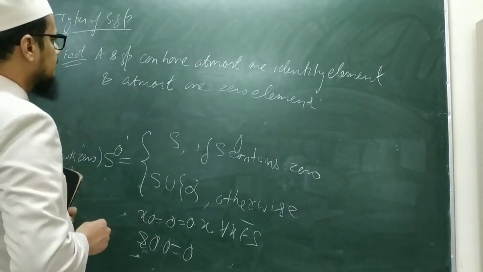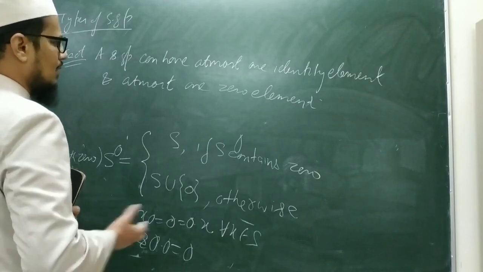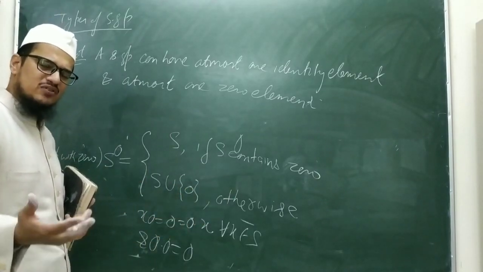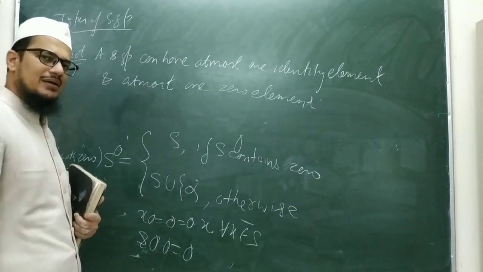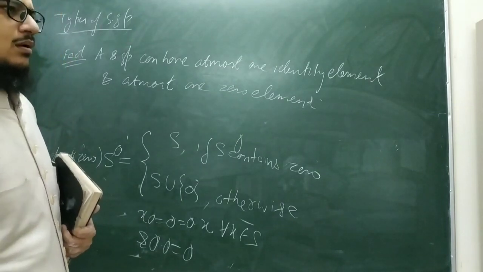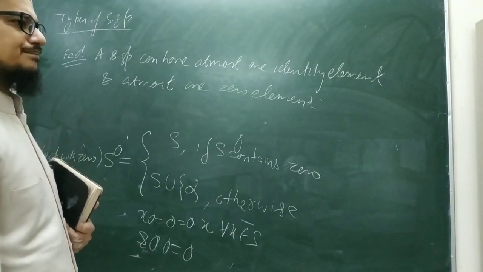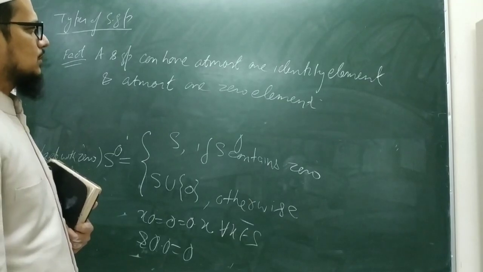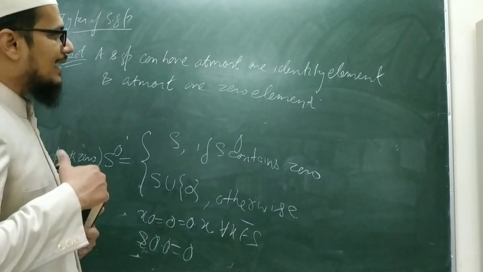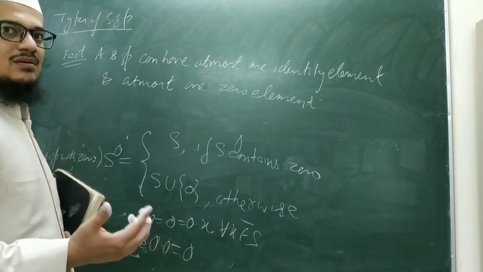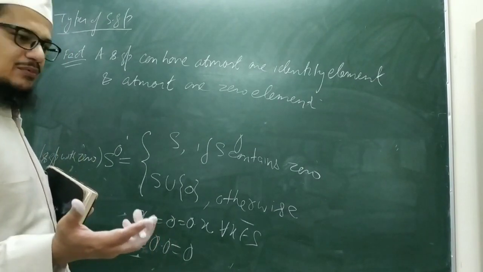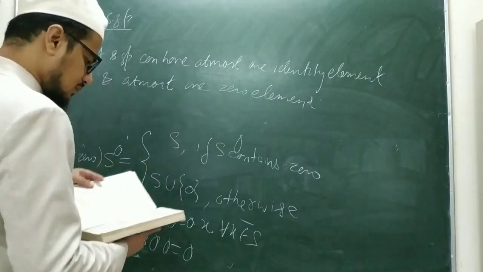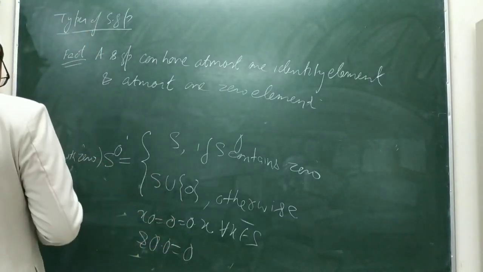Also, if you want, you can search out for yourself the examples of semigroup with identity and semigroup with zero element. But if you search for an example which contains an identity element as well as a zero element, both, a semigroup which contains an identity element and also contains a zero element, one example is given here.